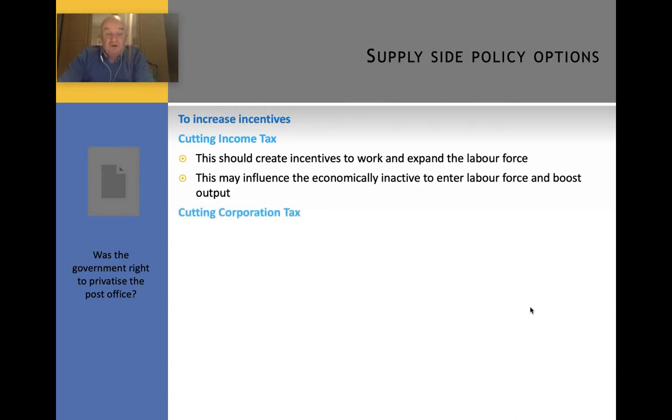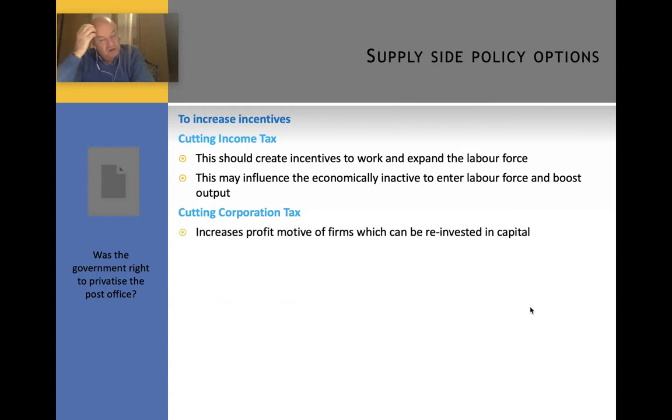Other things that we can do, we can cut corporation tax. Income tax is very much based on individuals who work for other companies. They don't work for themselves. But corporation tax is basically where we're trying to encourage the profit motive of firms, which can then be reinvested in capital, equipment, and improvements in the way in which products and services are produced. Corporation tax at the moment is at 18-19%, I think.